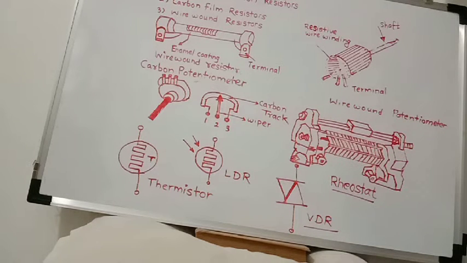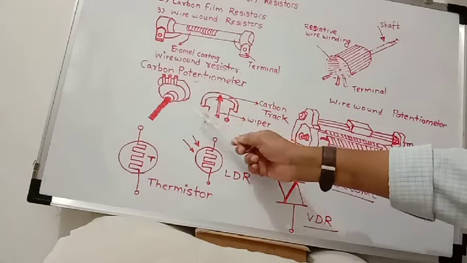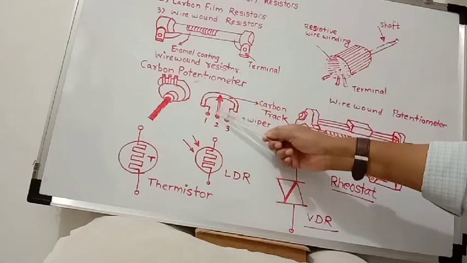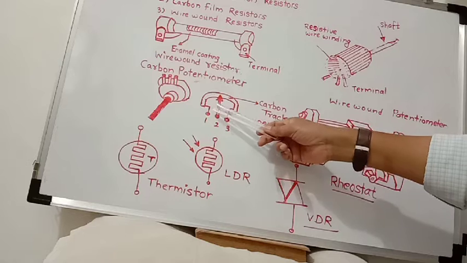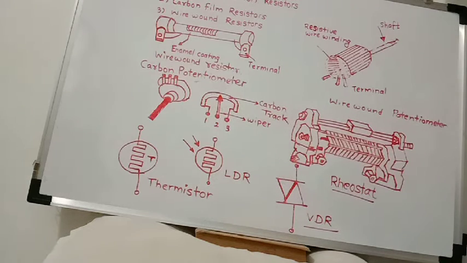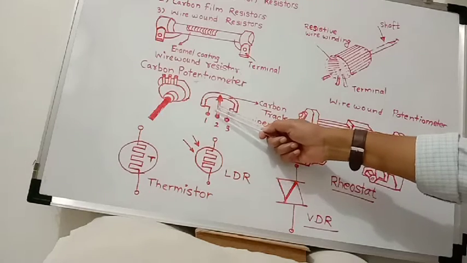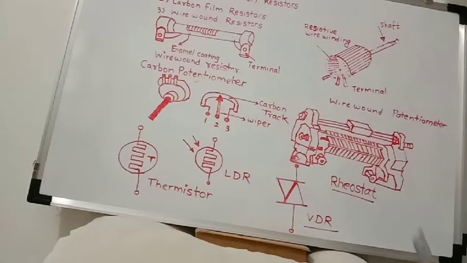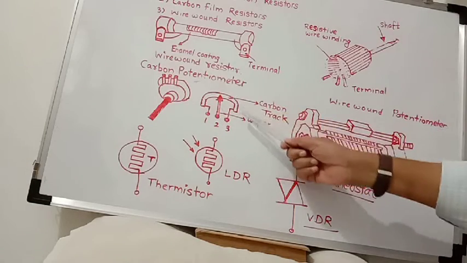In this type, the movable metal pointer is known as the wiper. This is a movable point, called a pointer, and this movable pointer is called the wiper, which moves on a circular ring.